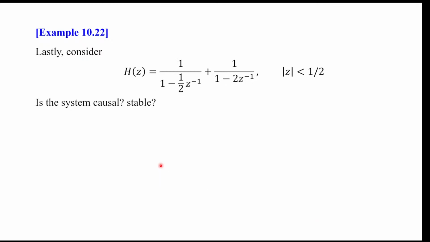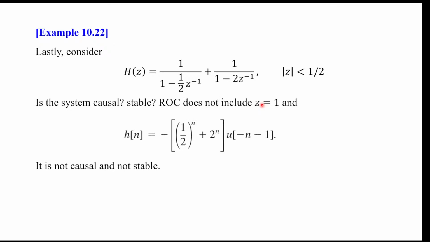And finally, we have the last ROC that's inside everything. Once again, if you think this is causal, raise your hand. And not causal, raise your hand. If you think this is stable, raise your hand. And not stable, raise your hand. Okay, yeah, we got this all correct. So now this is not causal and not stable.